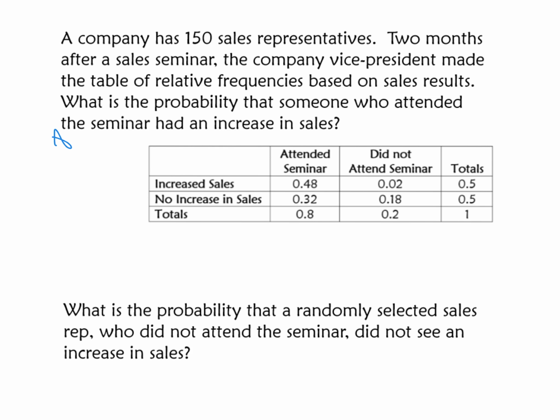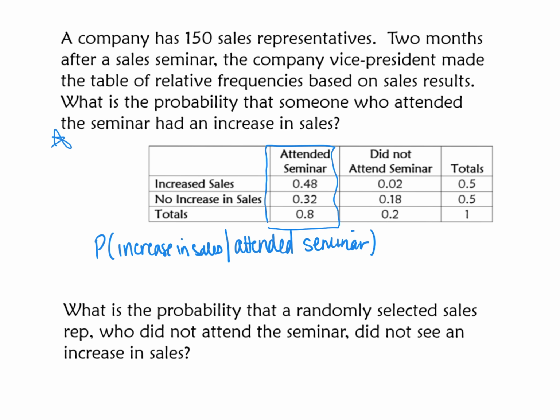All right, so we're going to know the probability of increase in sales given that they attended this seminar. Okay, that's what we're looking for. So I'm focusing on they attended the seminar.